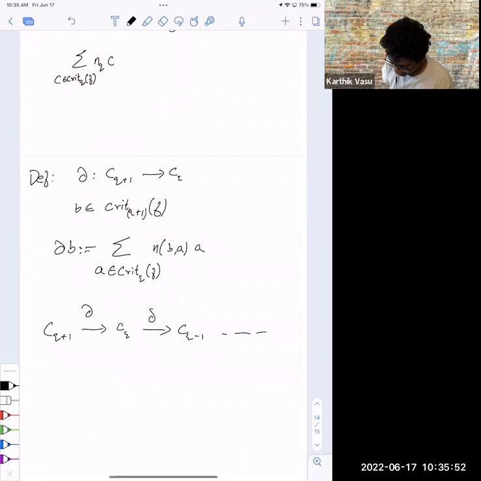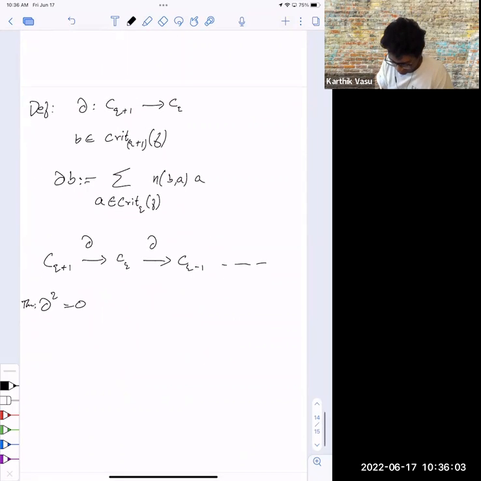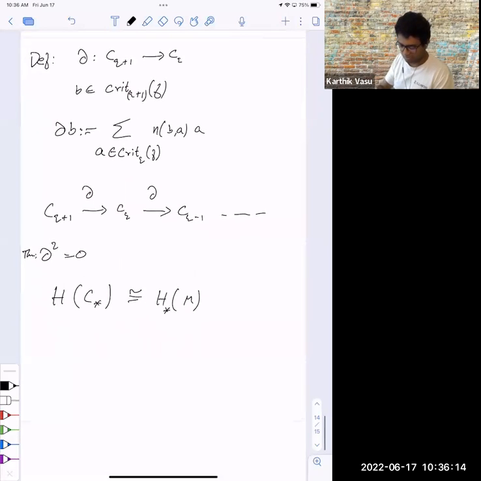This del squared will be 0. Okay, only then this will square to 0. And another thing is the homology of C_star will be isomorphic to the homology of M. Okay, that's also a theorem which I will not prove.